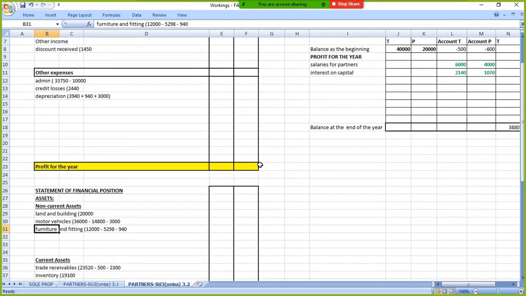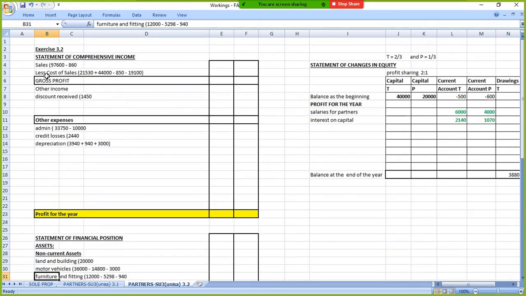Now you need to work it out. Sales, work it out. Cost of sales, work it out. Gross profit is the difference, that minus that. Other income here.